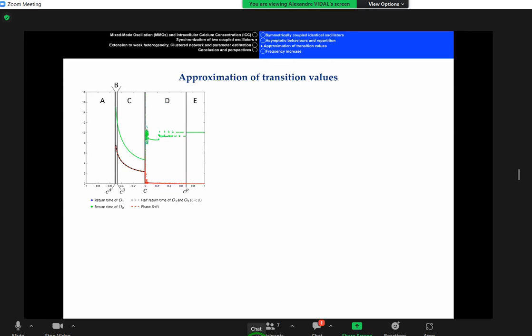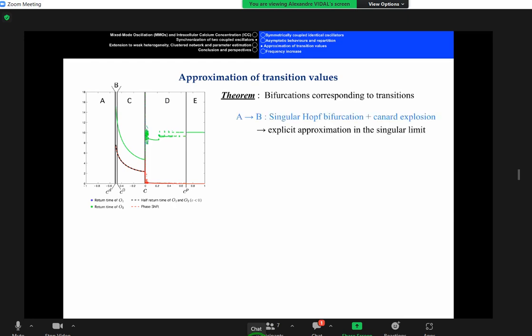Okay, and we have also the approximation of the transition values using the bifurcation theory, because all these transitions correspond to bifurcations. So I won't go into details, but the transition between A and B is some kind of canard explosion, as I showed you earlier, due to the existence of a singular Hopf bifurcation, and we have an explicit approximation in the singular limit for the critical system.